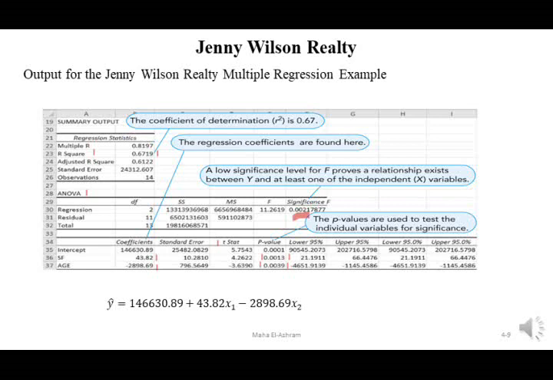And then let's see what else I can do. How can I read from the output of a multiple regression case like this one? We can individually test two hypotheses.